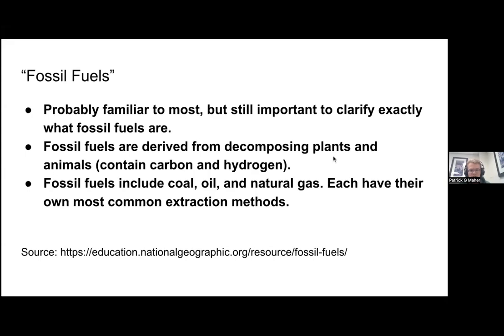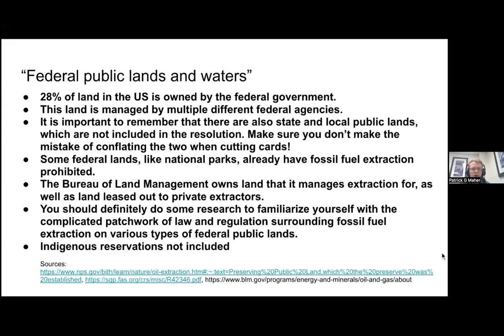And the final term is going to be federal public lands and waters. This is probably the most difficult term in the resolution for you to really define. 28% of land in the United States is owned by the federal government, and you have to make the distinction between what is federal land and what is federal public land.